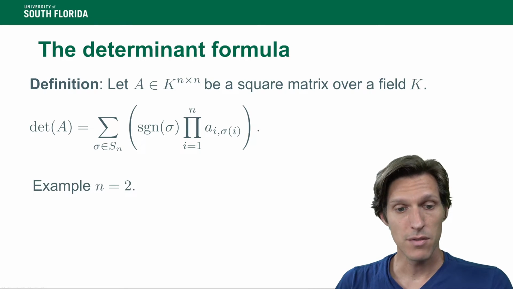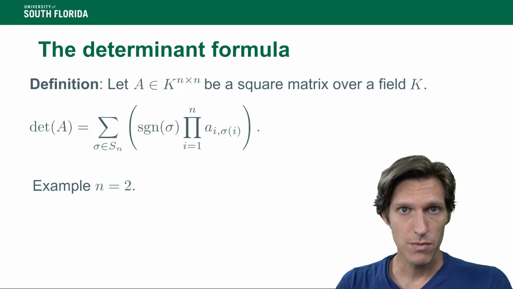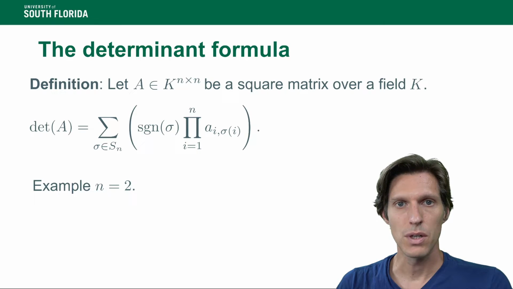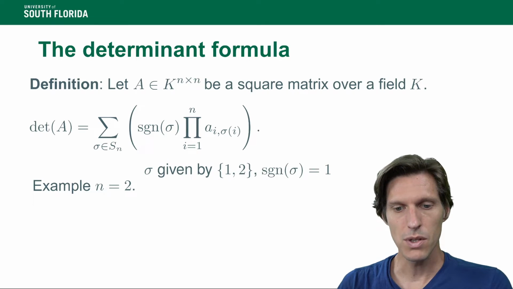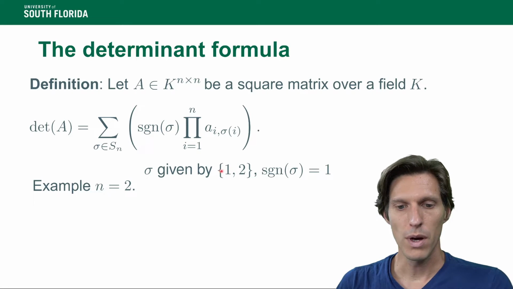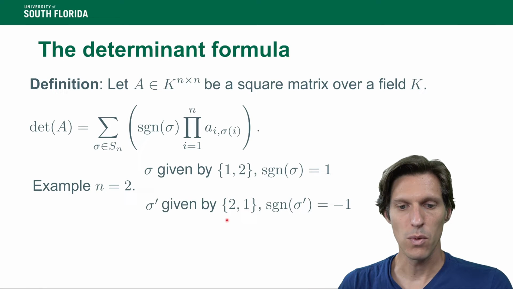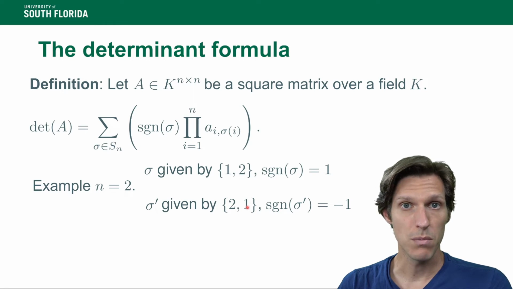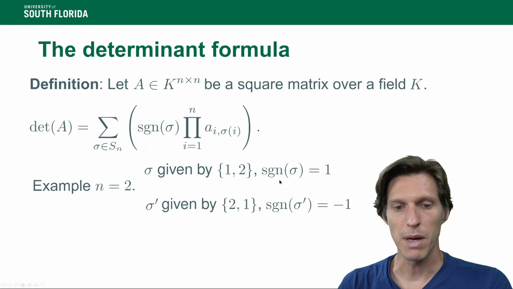So in the case of n equals 2, we really want to retrieve the traditional determinant formula. So there are two possible permutations of 1 to n. One is the trivial one, where we get to this reordering by performing 0 swaps, so the signature is 1. And then the other one is the reordering 2, 1, which is obtained by 1 swap, so the signature is minus 1.